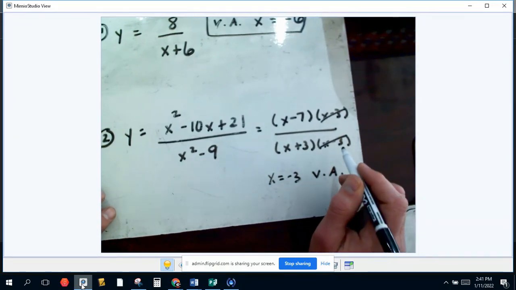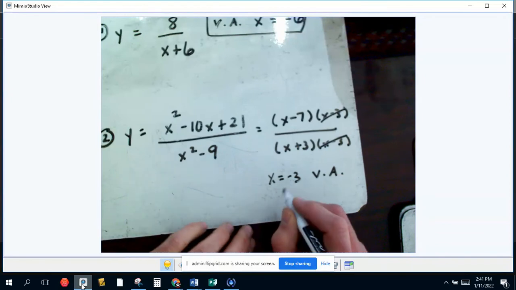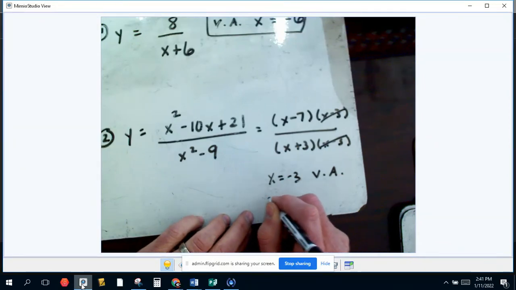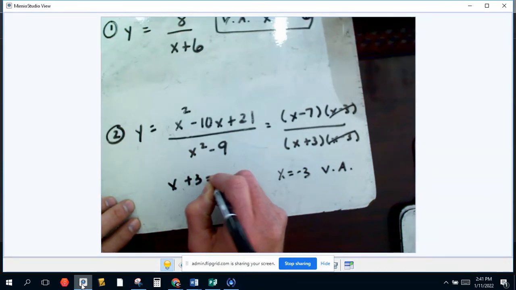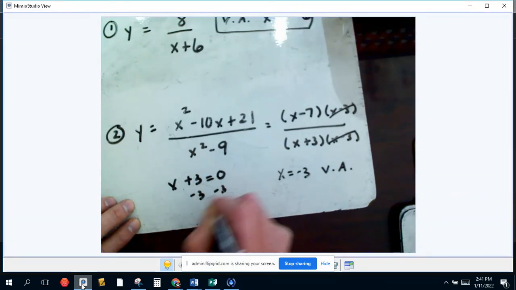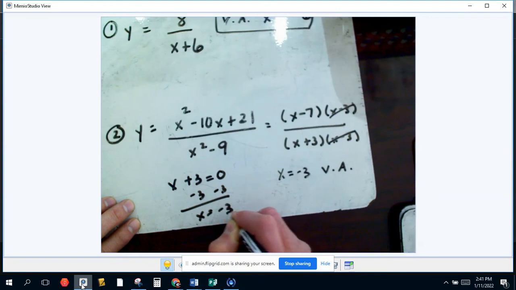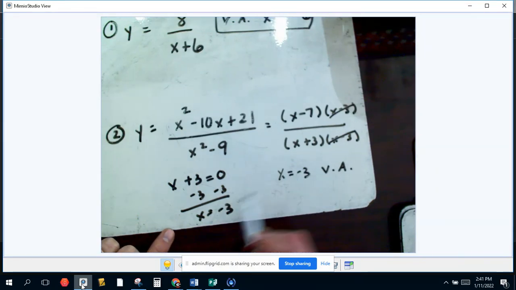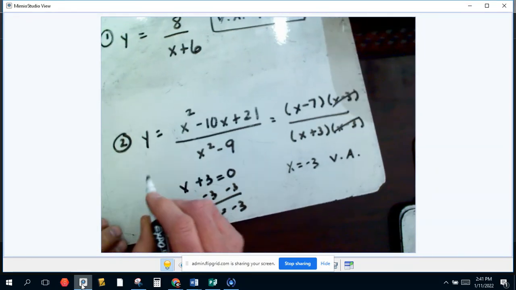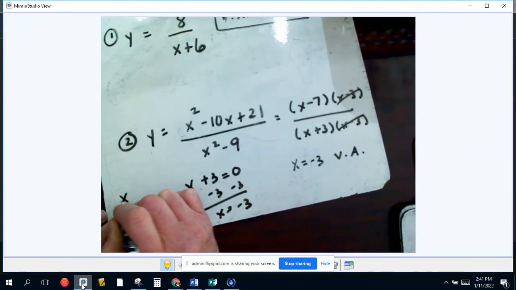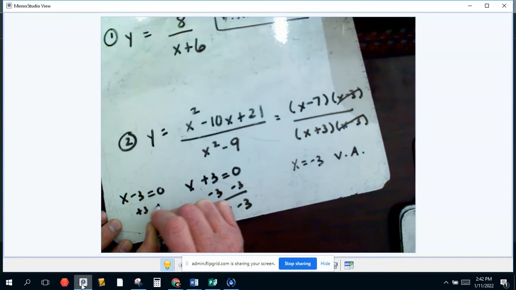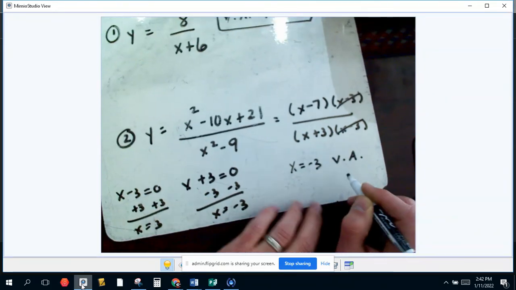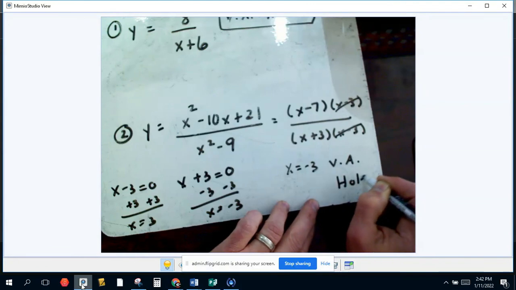If it gets canceled, it's a hole in the graph. So I know over here, x plus 3 equals 0. That's where that came from. If I set x minus 3 equals 0, that one is a hole in the graph.